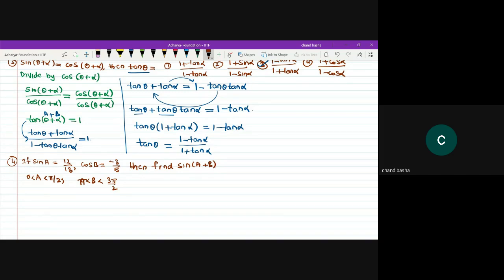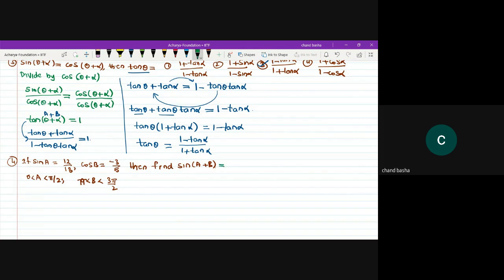I don't have the value of sine of 12 by 13 in the trigonometric table, but I can make use of the right angle triangle for finding any other trigonometric ratio.